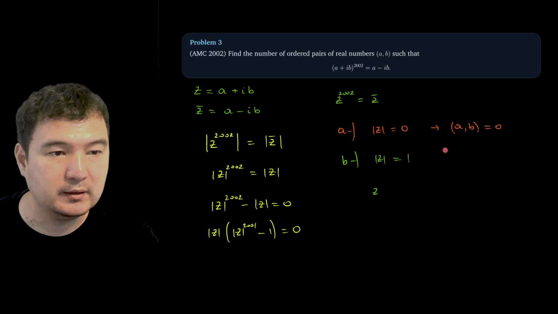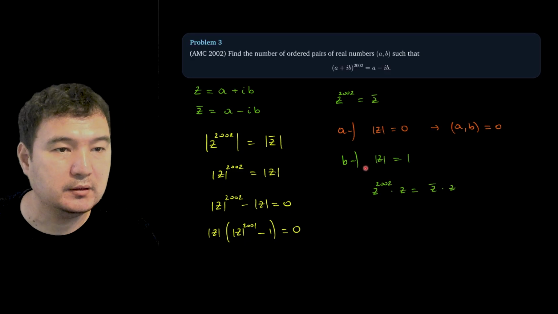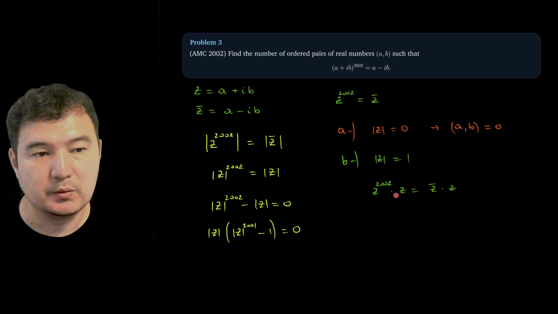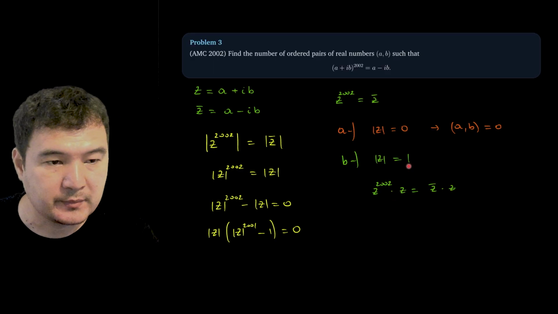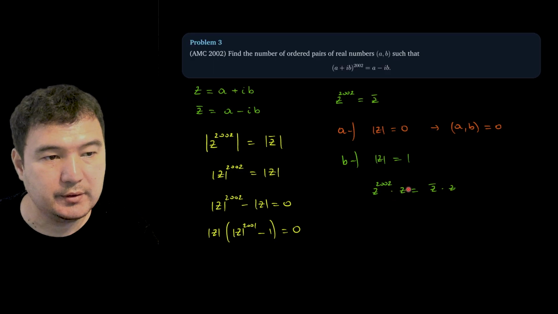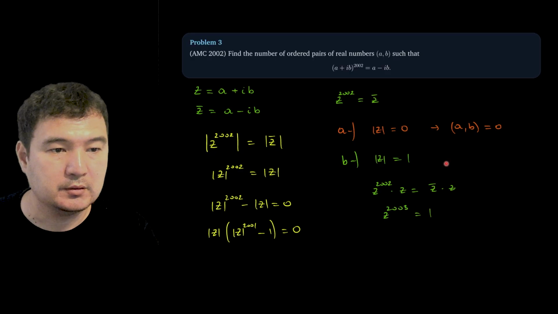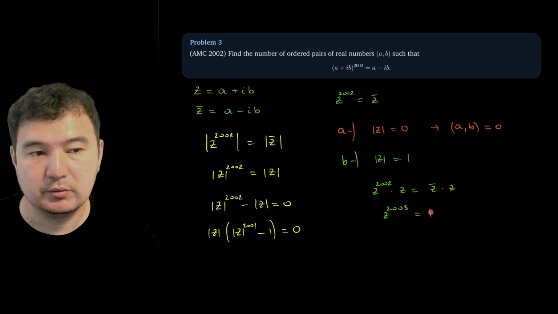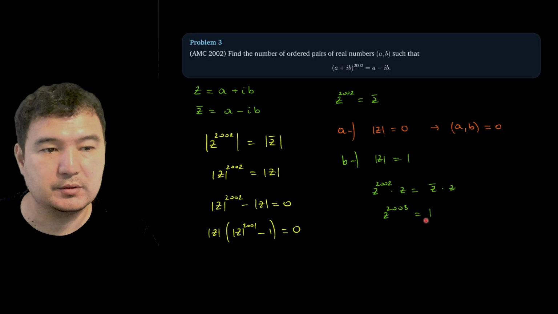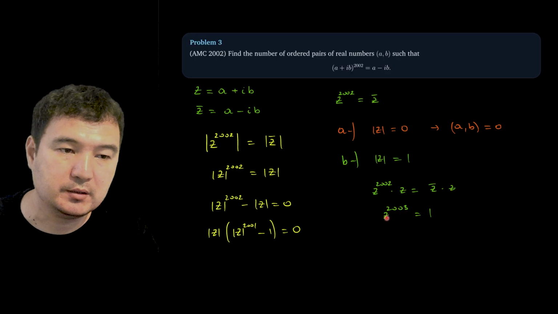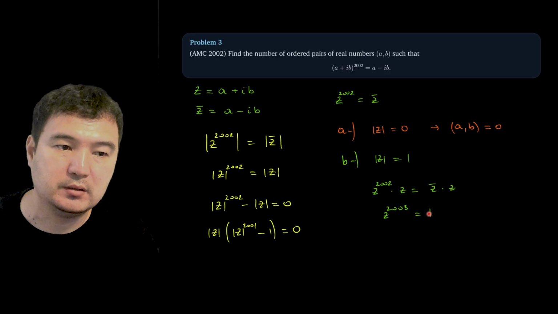In that case, I take the original equation and multiply both sides by z. I get z to the power 2003, and z conjugate times z gives me the modulus squared, which is 1. So z to the power 2003 is equal to 1.